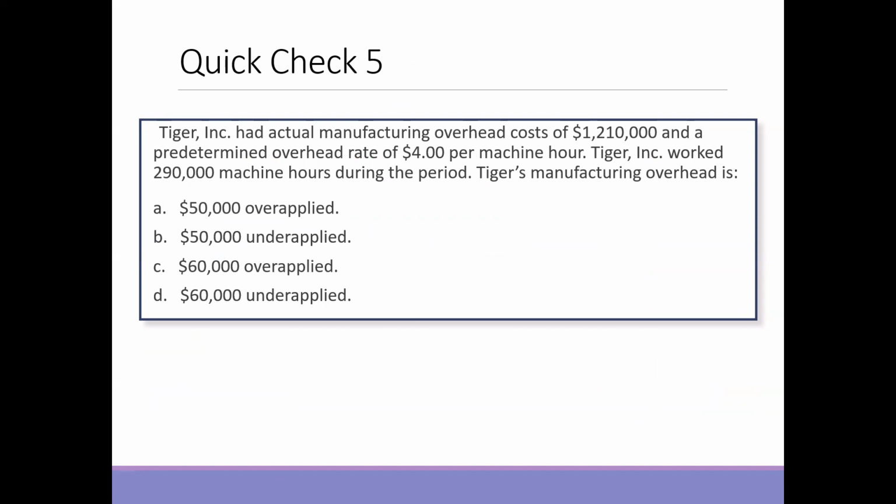Tiger's manufacturing overhead is overapplied by 50 or 60 or underapplied by 50 or 60. You think A?